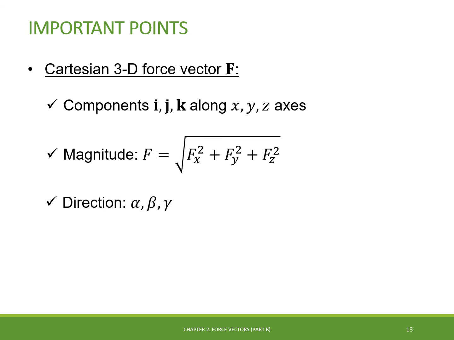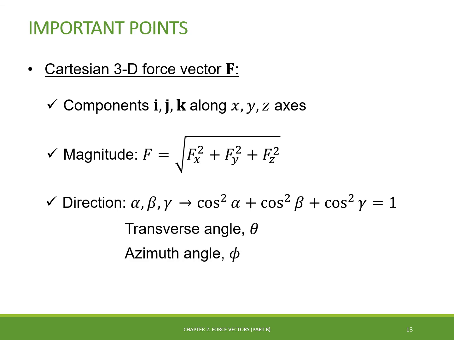The third is that we can use the angles alpha, beta, and gamma measured from the positive x, y, and z axes to express the direction of a Cartesian 3D vector. If only two of those angles are known, the third one can be found from this cosine equation. And the last important point is that another way to represent the direction of a Cartesian 3D vector is using the transverse angle theta and the azimuth angle phi.